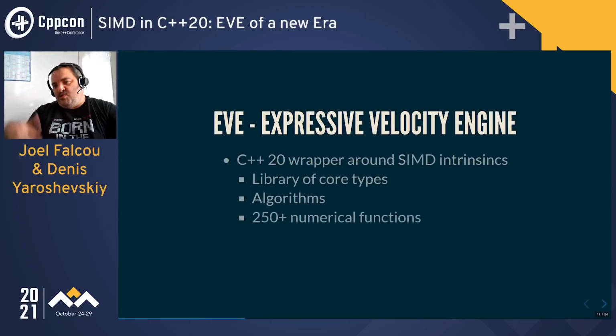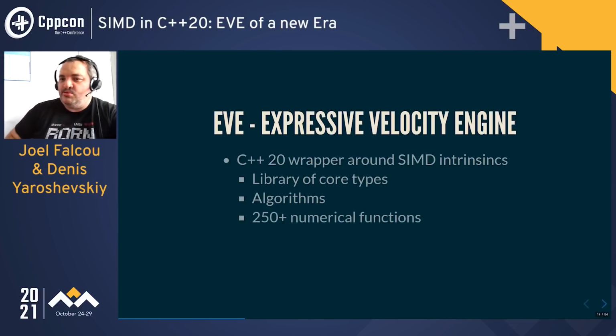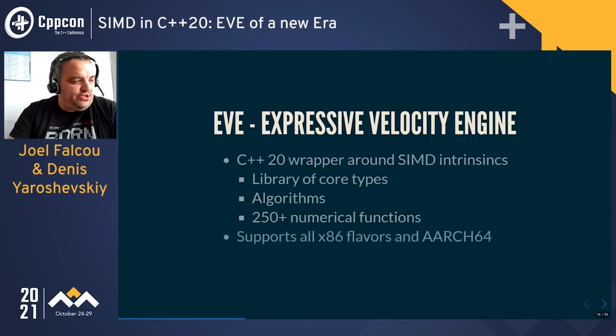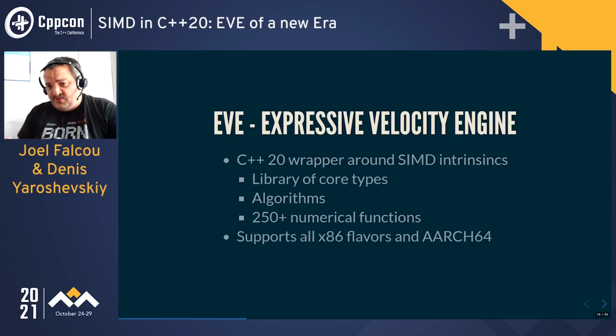And so we have a bunch of numerical functions, because usually what you want to do with all those things is computing things that range from basic operators, libc-like math, like trigonometry or square root or whatever, to some kind of more advanced math like special functions, Bessel things, random number probability distributions and whatnot. We like math. So that's the core of the thing. And it actually works on all x86 flavors and on the 64-bit ARM architectures.